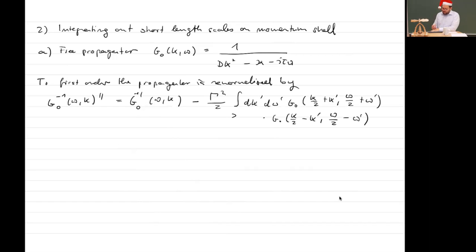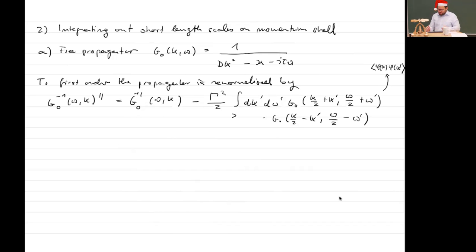So now you see we have these two propagators, and that's what we had in Wick's theorem, basically phi of k, phi of k prime, these kinds of things.